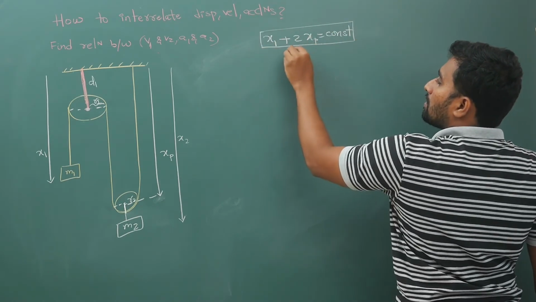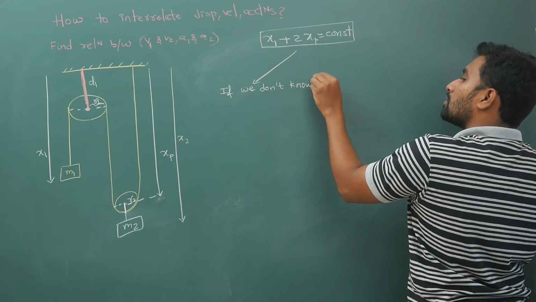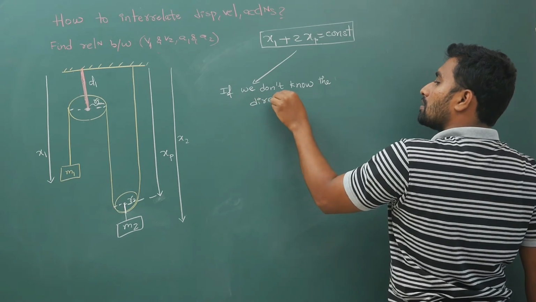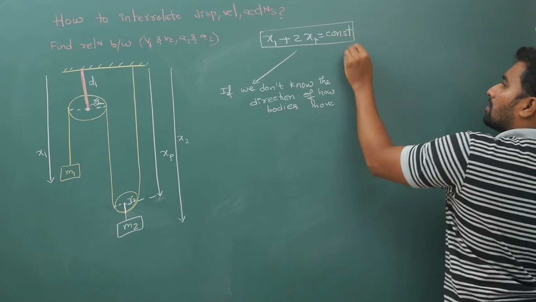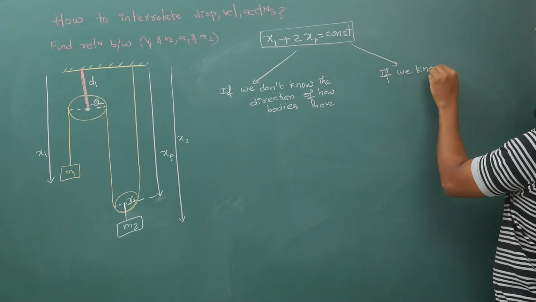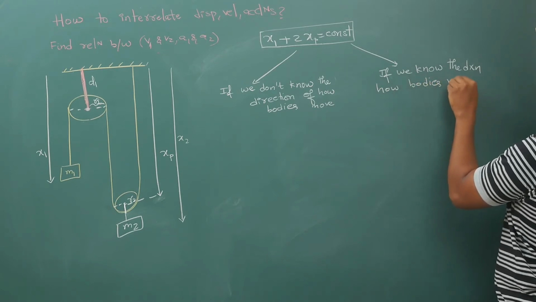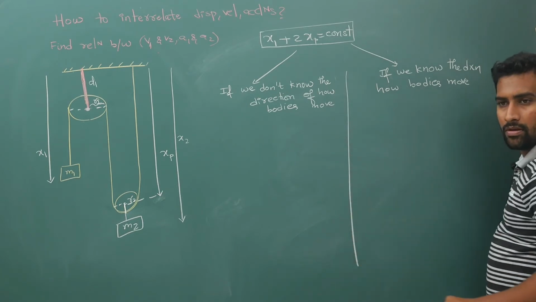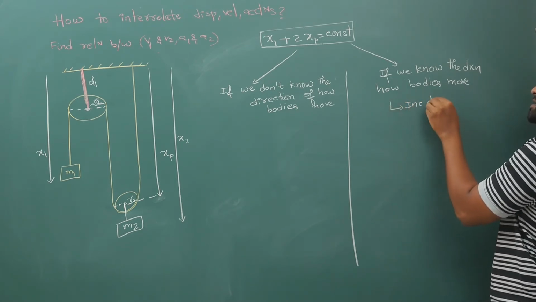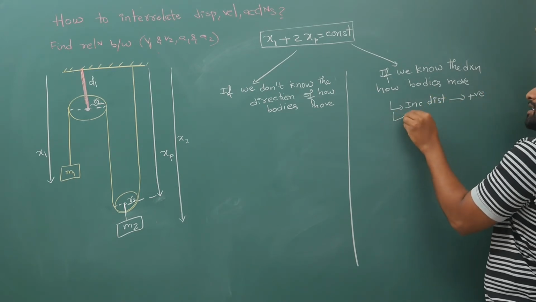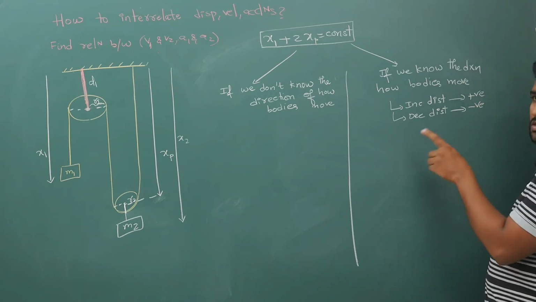Now, I will write clearly. If we know the direction of how bodies move, if we have decided how the body is moving, then increasing distance you have to take positive, decreasing distance you have to take negative.